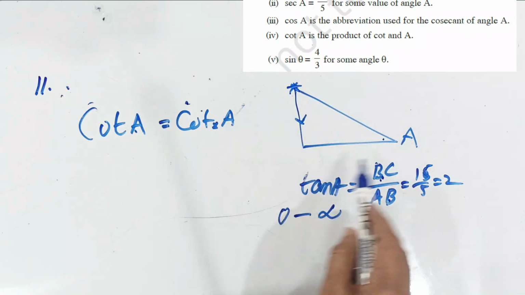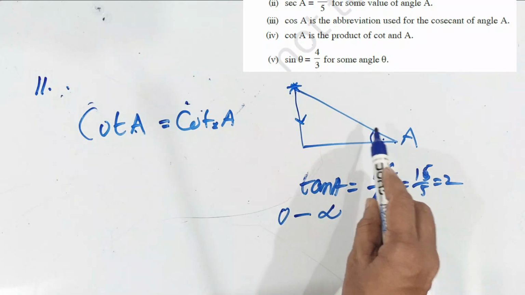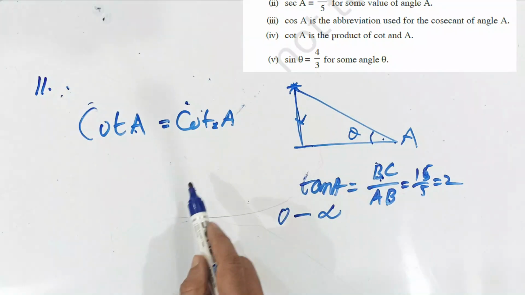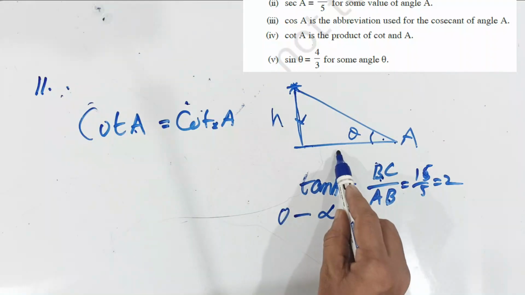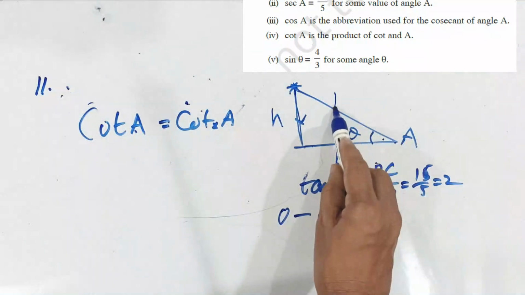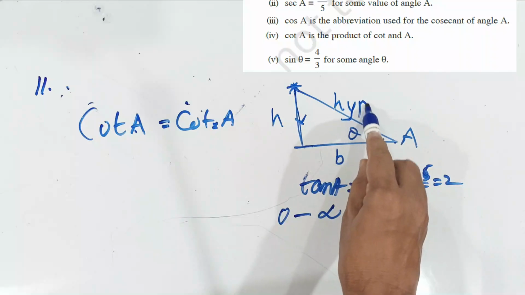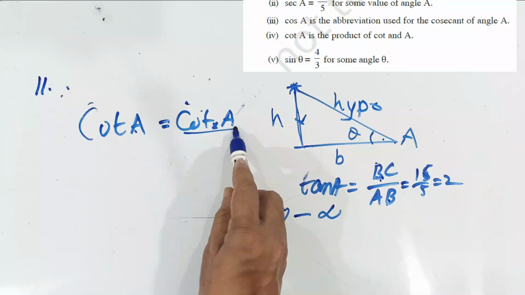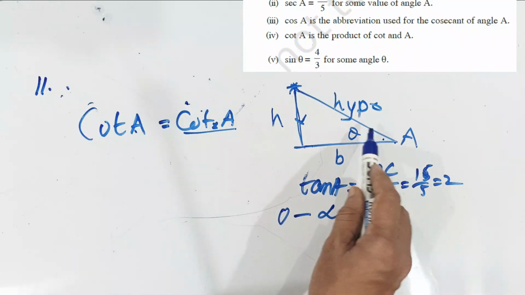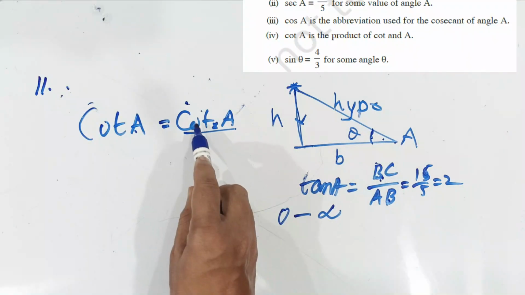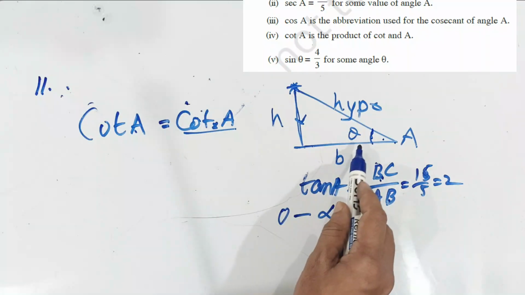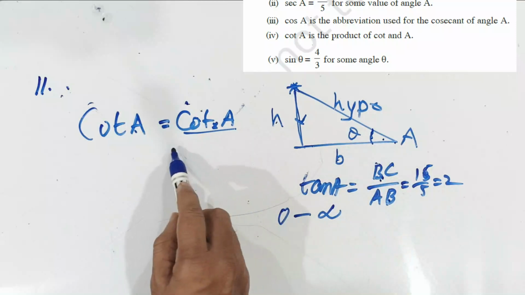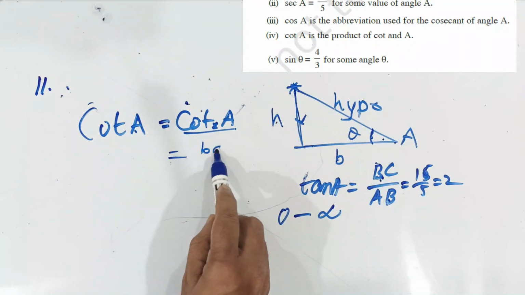You are standing here, this is the angle theta, and this is the tree, so this is the height you are observing, this is the base, and this is the hypotenuse. So nothing is a product.